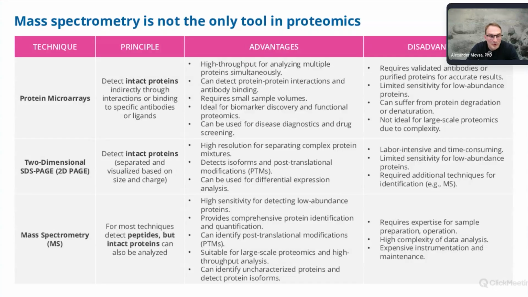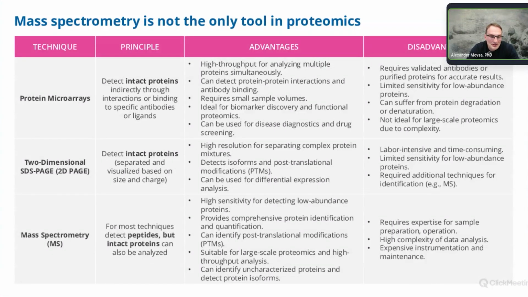Mass spectrometry is a powerful and widely used tool in proteomics. However, it's not the only technique for studying the proteome. Other important approaches include protein microarrays and two-dimensional SDS-PAGE. In fact, SDS-PAGE was widely used for proteome analysis before mass spectrometry became the dominant method. As is usually the case, all methods have their advantages and disadvantages that I tried to list in this table.